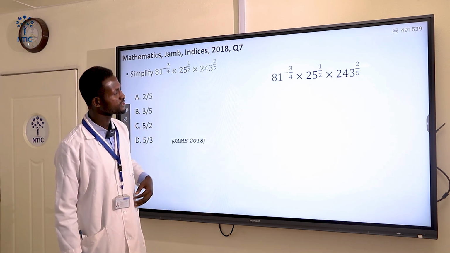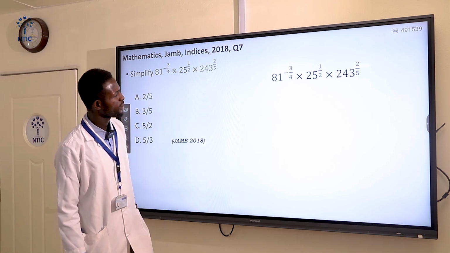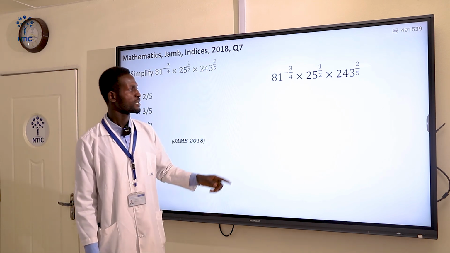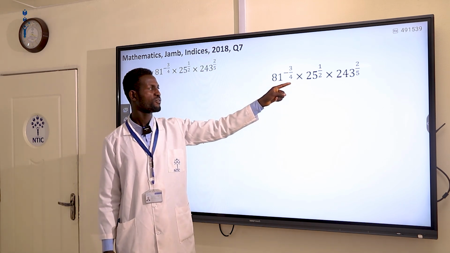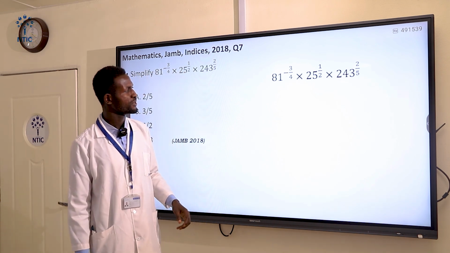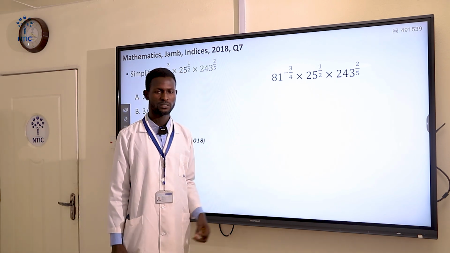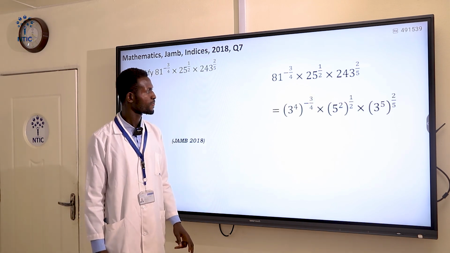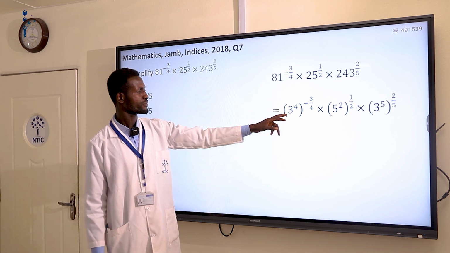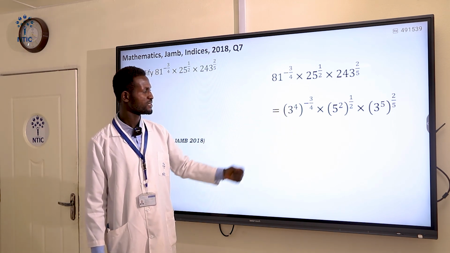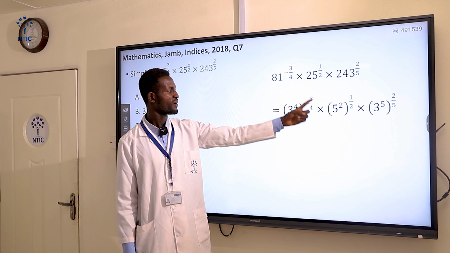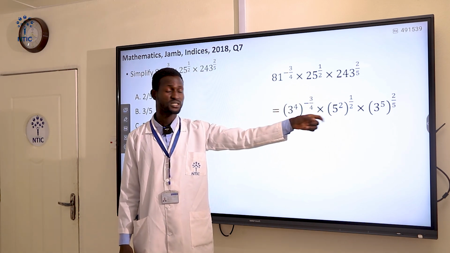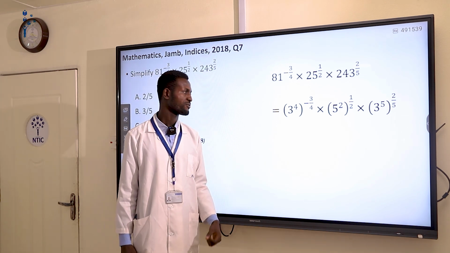To overcome this question, one way is to express 81 as a base 3 number, 25 as a number in base 5, and 243 also to its base. Now, 81 is 3 raised to the power 4 if we express it as a base 3 number, 25 is 5 raised to the power 2, and 243 is 3 raised to the power 5.